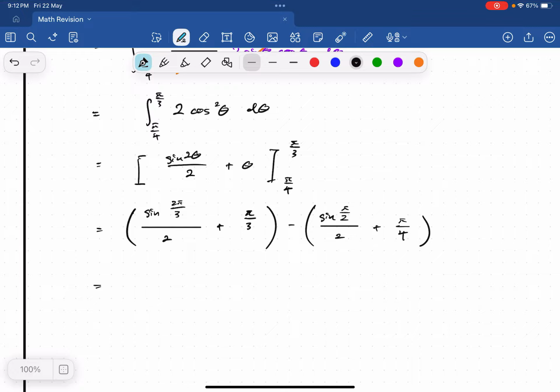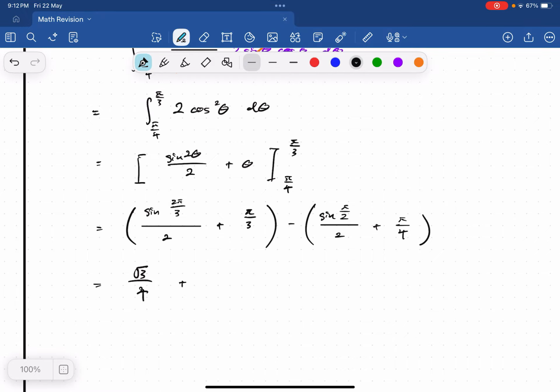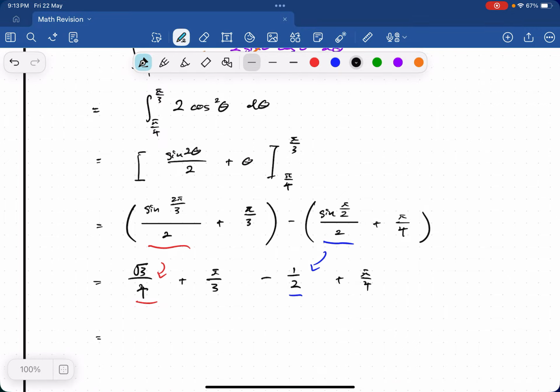This is going to be root 3 over 4 plus pi over 3 minus sine pi over 2 divided by 2, half. If you press this, and then plus pi over 4, this will give you root 3 over 4 minus half plus pi over 12.